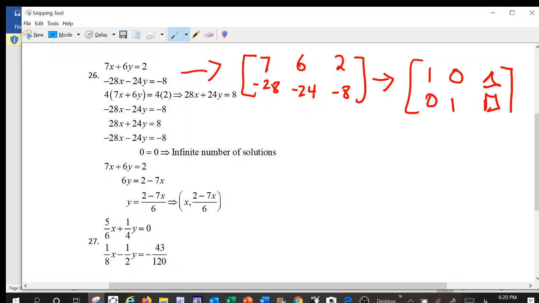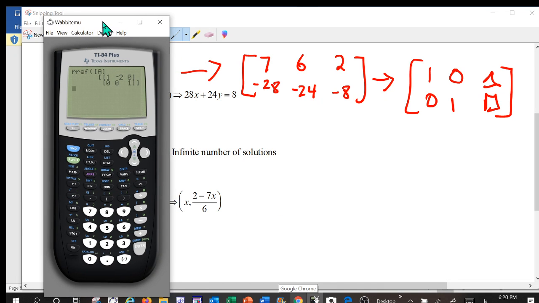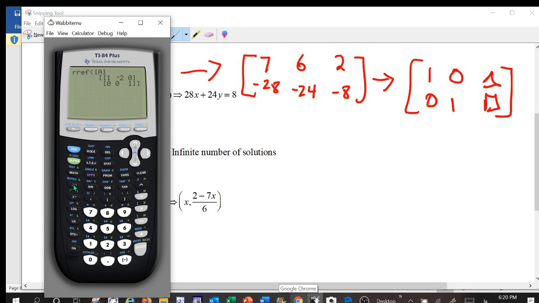Now let's see what happens if you put it in a calculator. We'll put it in the calculator. We're going to end up with edit, and so that's 7, 6, 2, -28, -24, -8, right?